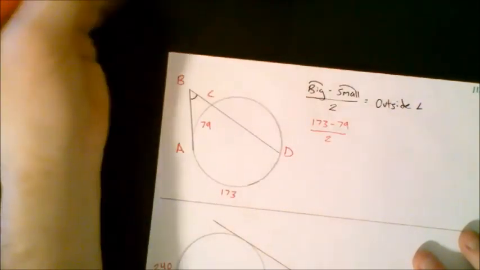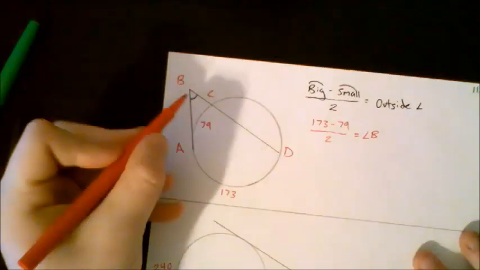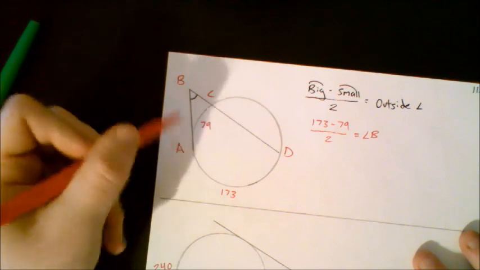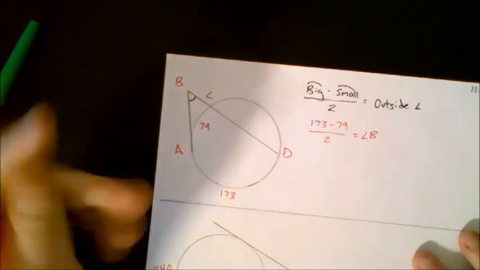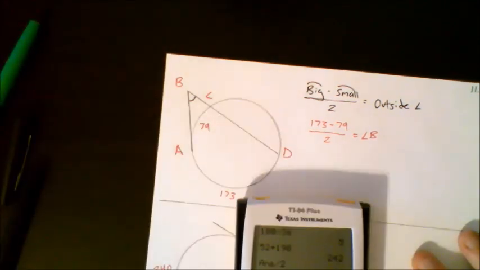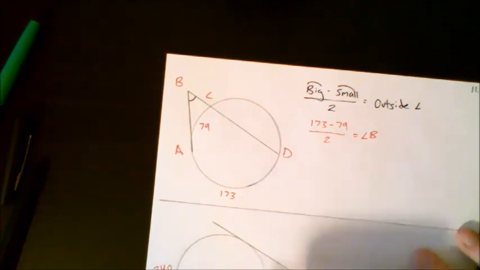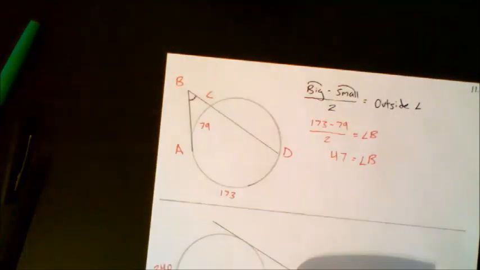Cut that in half, and that is going to equal angle B, or angle ABC. Okay? So 173 minus 79 gives us 94. Let's cut that in half. And we have angle B equals 47 degrees.